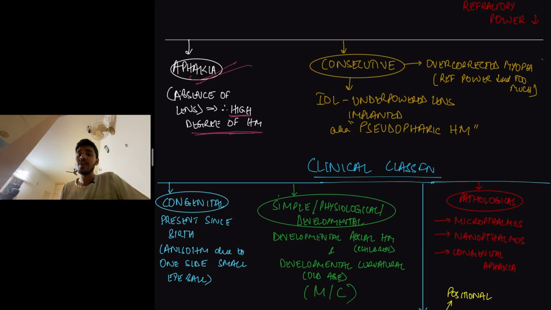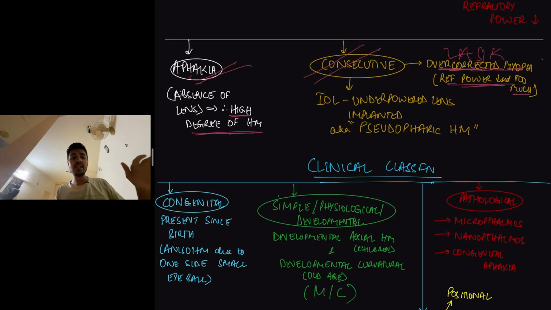Apart from aphakia, you have something known as consecutive hypermetropia. Now, consecutive hypermetropia is due to human error. Example, when I'm doing LASIK surgery for myopia, if I overcorrect the myopia, that is, if I decrease the refractive power too much. In myopia, you have too much refractive power. So during LASIK, I try to reduce the power, but I end up overcorrecting it.